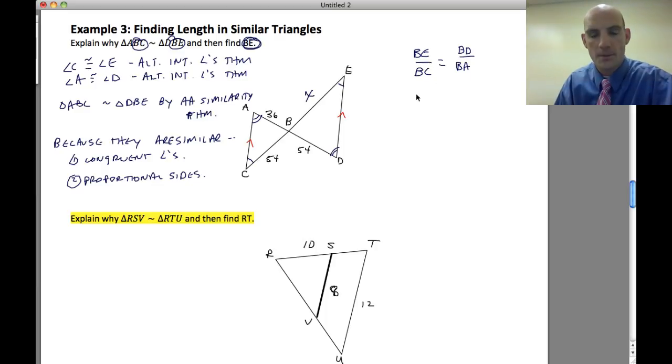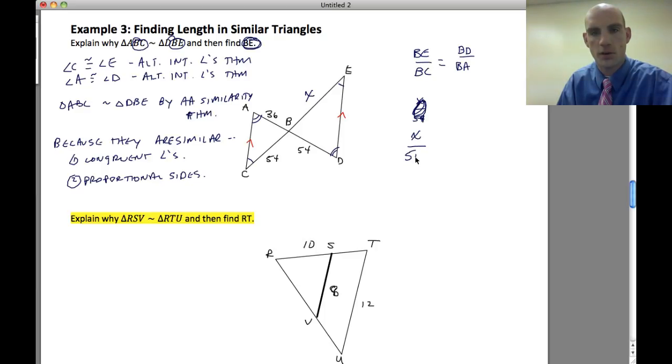When I plug in what I know, BE is X. So I know that it's a variable. I know that it's what I want. BC is 54. Let's start over.